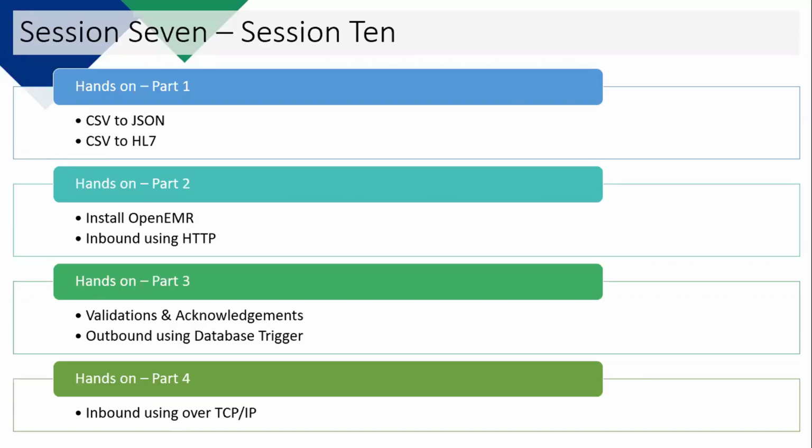Now that we have a lab order, the last hands-on is going to be an inbound. Over here we are going to hand create a lab result. We are going to take something very simple, a complete blood count with 6 or 7 parameters. We are going to create the HL7 message by hand.